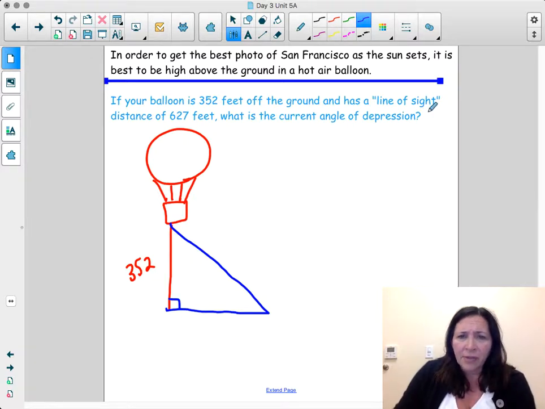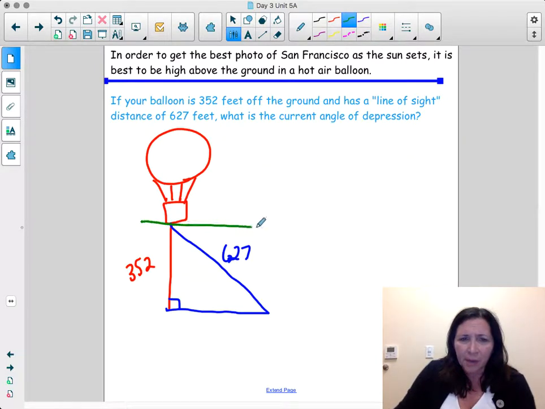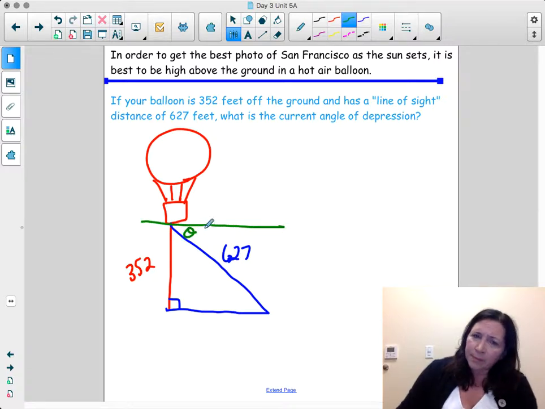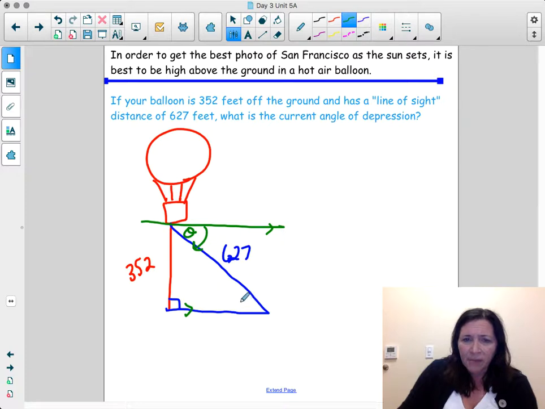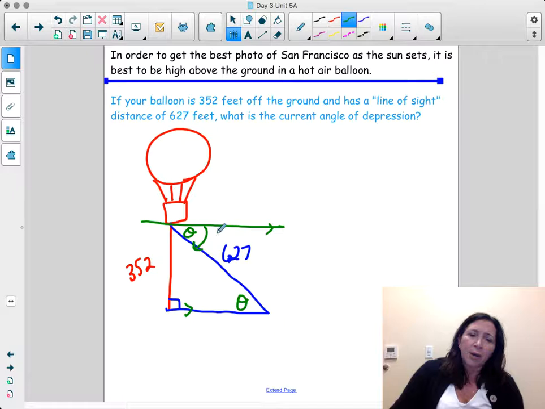The line of sight distance is 627. What is the current angle of depression? Well, remember, my angle of depression is based on my horizontal. So I'm looking for this angle right here because that is the angle of depression. But if these are parallel, that makes this the same angle as this. And so now my little angle is inside my triangle.